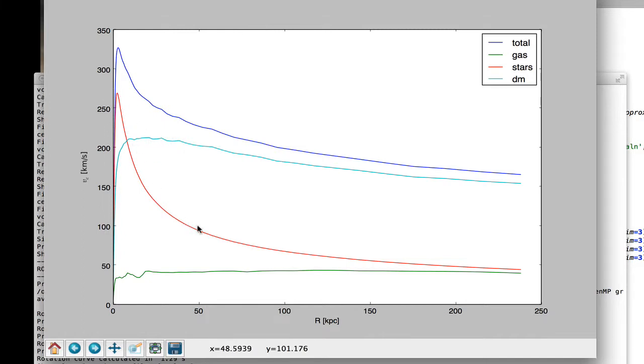Stars tend to follow the same shape, although they decline very quickly in velocity. And the gas is basically quite flat throughout, so consistent velocity throughout the galaxy. So again, I'd be curious to have somebody comment on this and let me know how realistic this simulation is and the data that's come out of it.